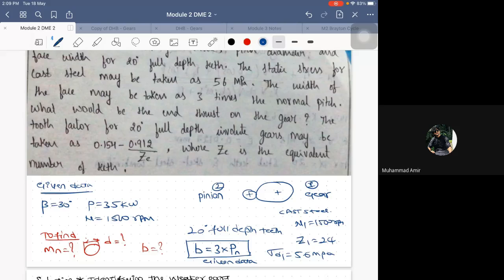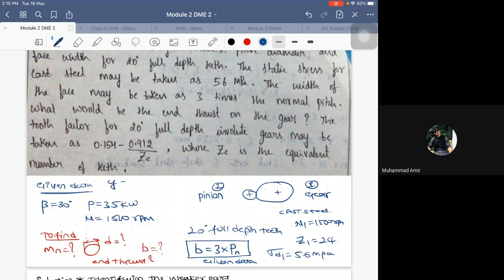What would be the end thrust on the gear? So he has asked us to calculate the end thrust on the gear. Very good. The tooth factor for a 20-degree full depth involute gear may be taken as, he has given this form factor, so you just take that.